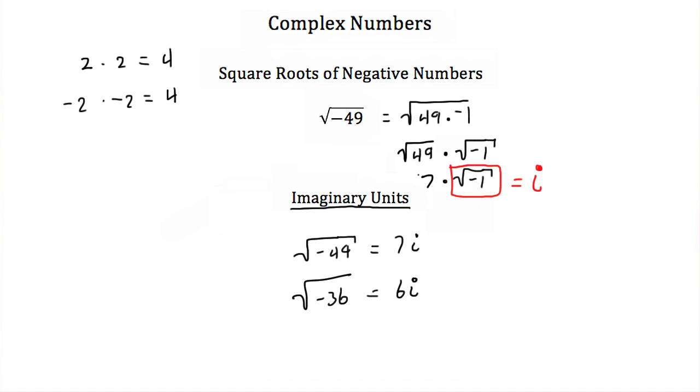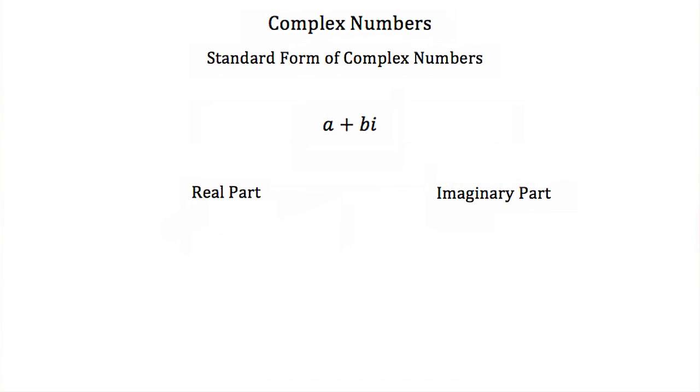So now that I've figured out how to take the square root of a negative number and turn it into this imaginary number, 7i, 6i, this is where complex numbers come from. Now there's a standard form of how we write complex numbers, and that's a plus bi.